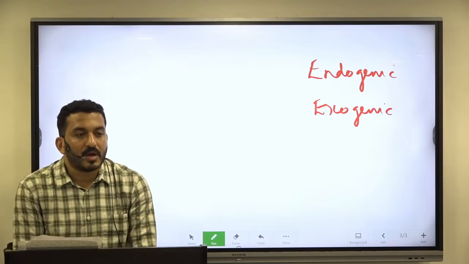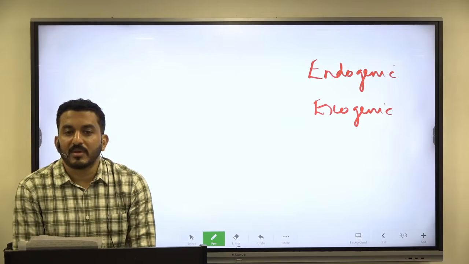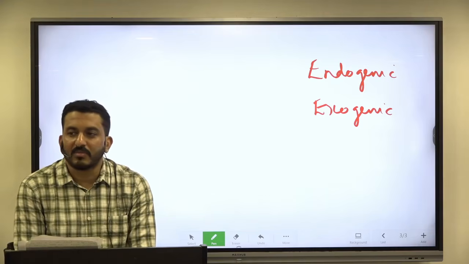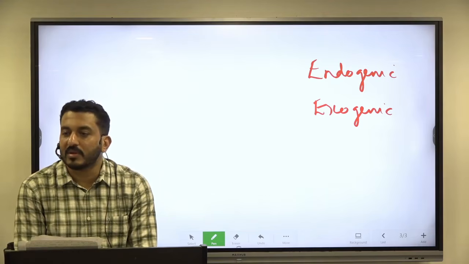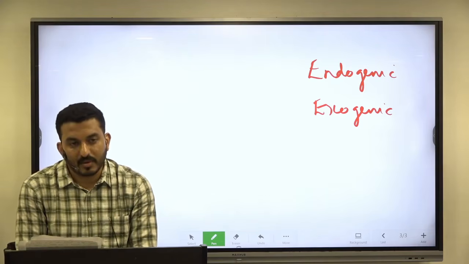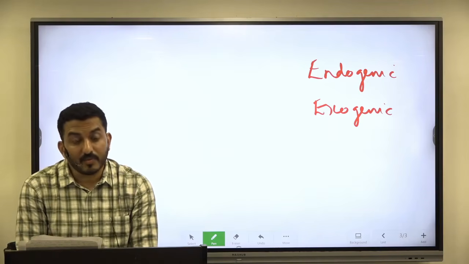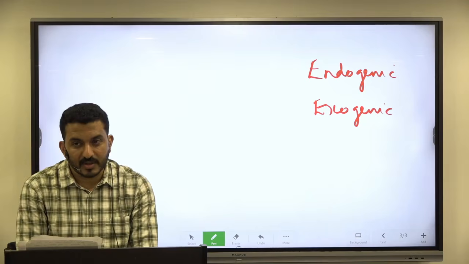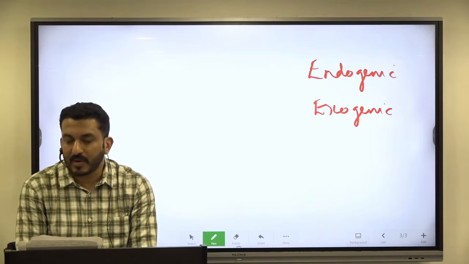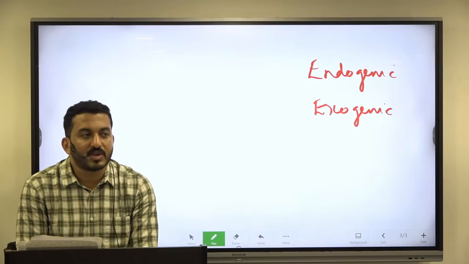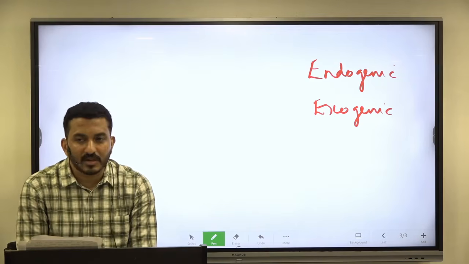Can you give me an example? Give me a very simple example. Force which originates within the Earth's interior. Earthquake. Earthquake is an endogenic force. Volcanism is an endogenic force. Mountain building force, the force which resulted in the formation of the Himalayas, is an endogenic force.